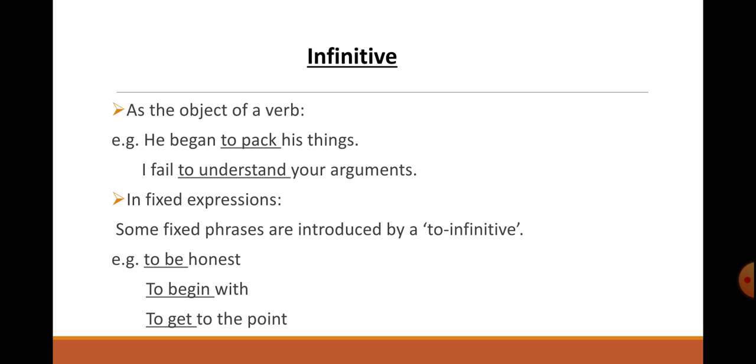Infinitive can be used as an object of a verb. For example, he began to pack his things. Now in this sentence, you can see to pack. This is the infinitive, that means to plus V1, and it works here as an object of a verb.